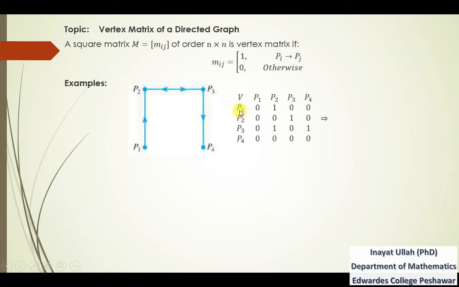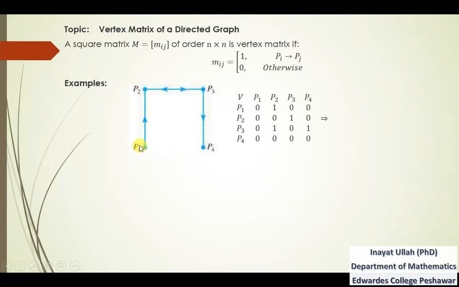And whether there is an edge from P1 to P2 or not. You will see here, from P1 to P2 there is an edge, so that's why P1P2 is 1. Similarly, is there an edge from P1 to P3?